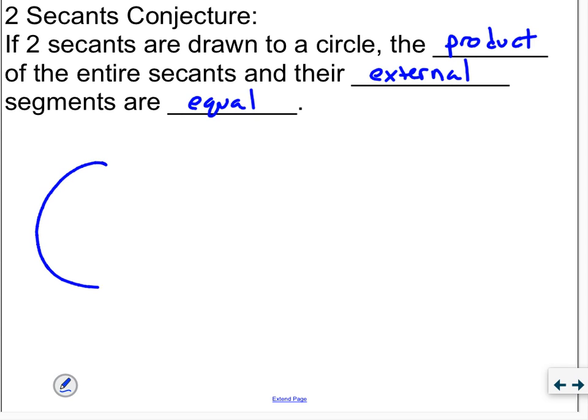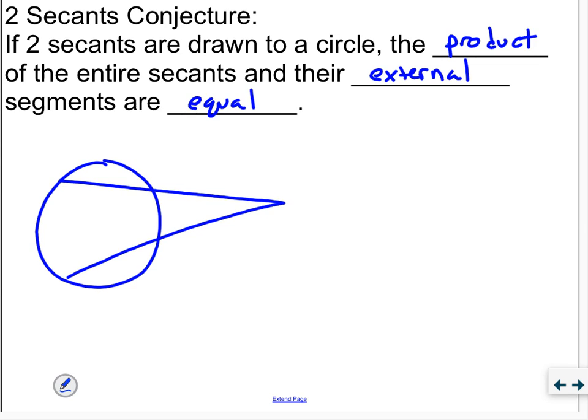Again, because a picture is sometimes worth 1,000 words, here's my two secants. Again, I'll put some letters in there like A and B, and I'll put C and D there. So what this says is the whole secant times its external piece, the outside piece, is equal to the product of the other whole secant and its external piece. Ready to try one? Here we go.